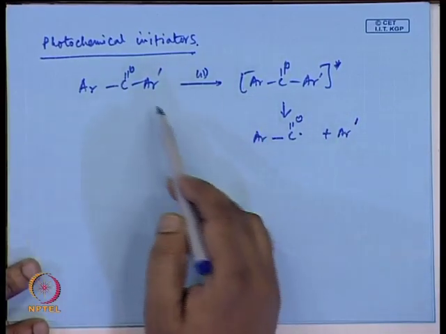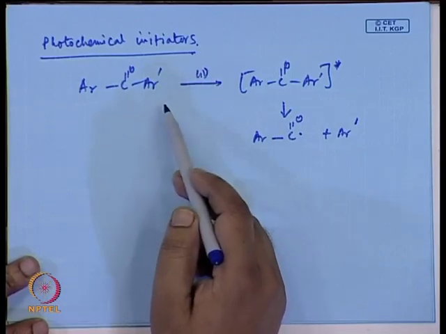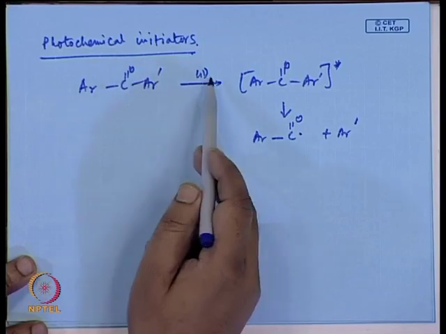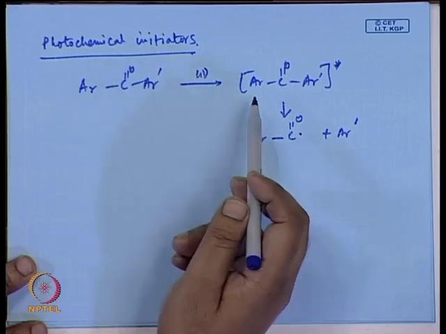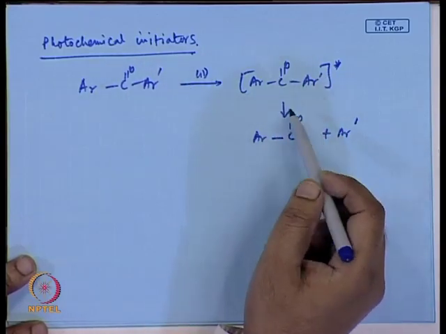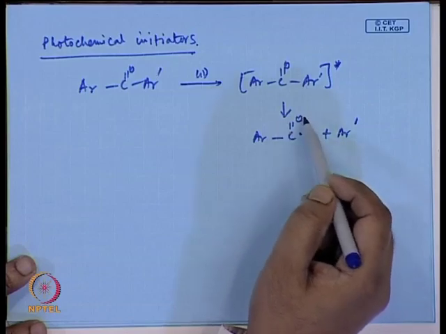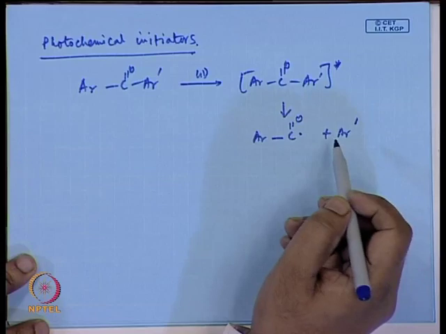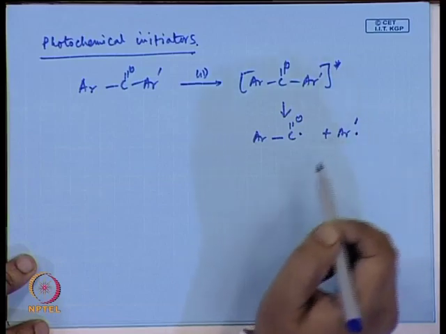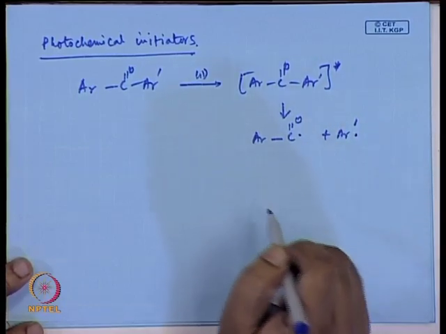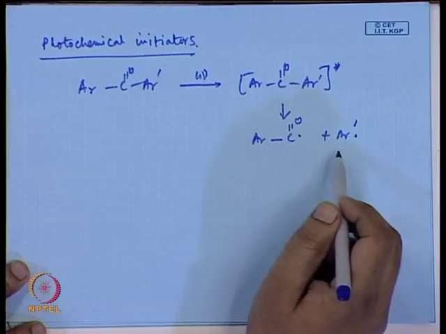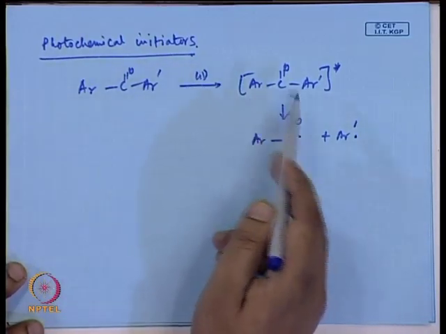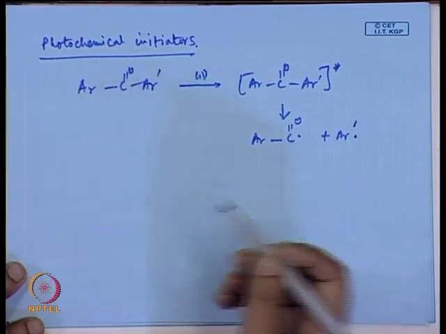In this case, on photo-irradiation, these molecules can absorb a photon and go to a higher excited state, which can actually dissociate to form a couple of radicals. Now, this can also react with, or photosensitize, another molecule.